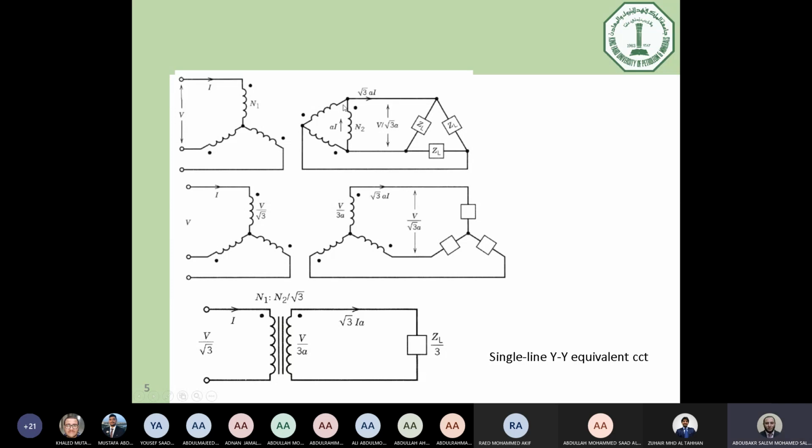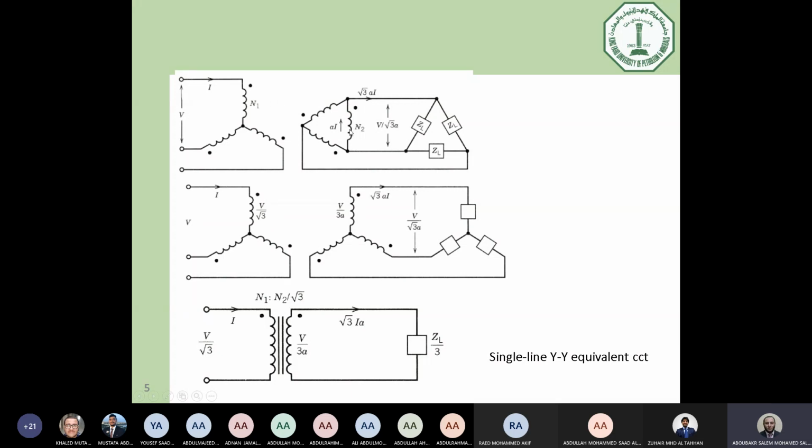Regarding delta connection of the secondary here, we agreed together that the amount of volt of the phase will be transferred to the other side respecting the turns ratio. So the amount of volt in phase here is V over square root of 3.